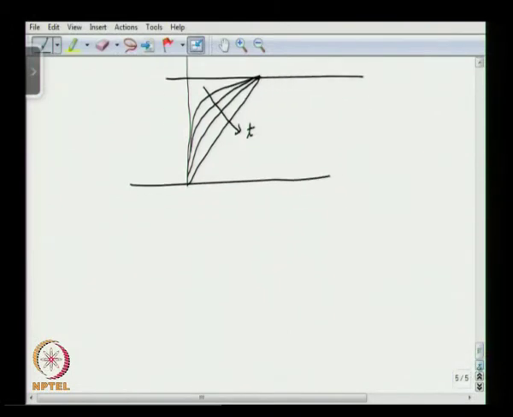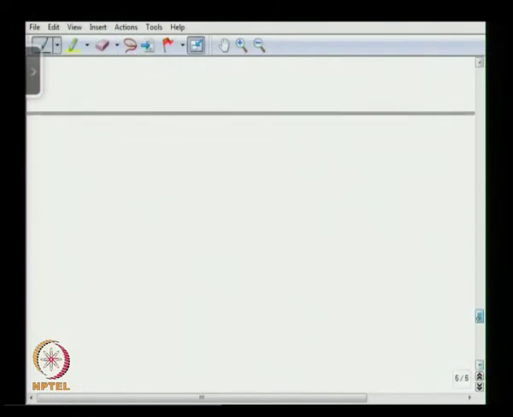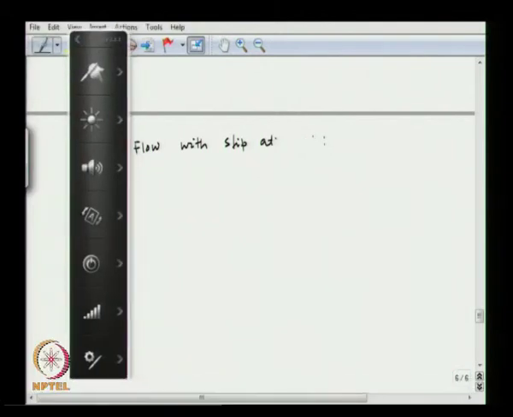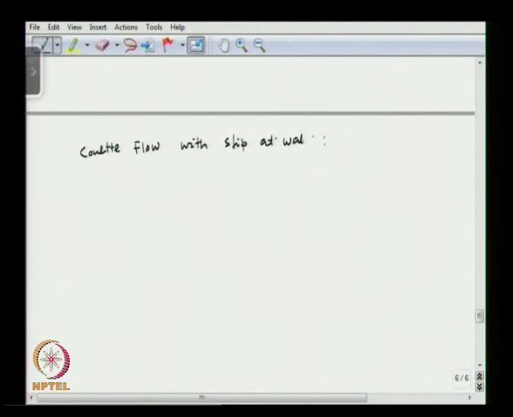So, we talk about Couette flow with slip at walls. Okay. Right.